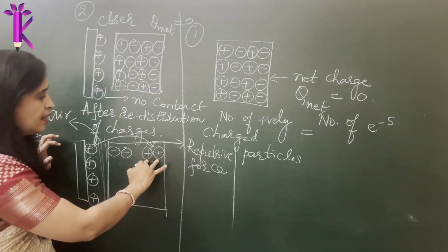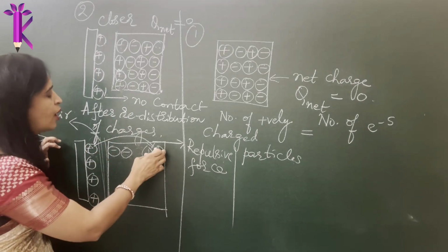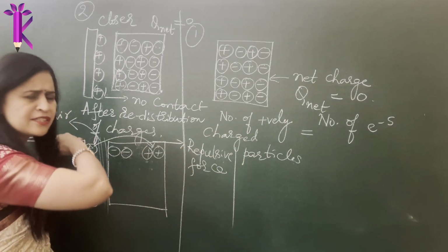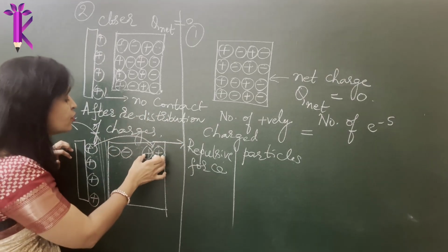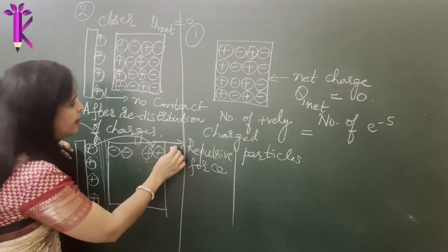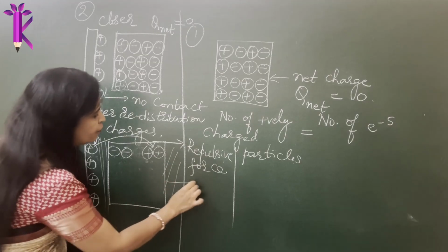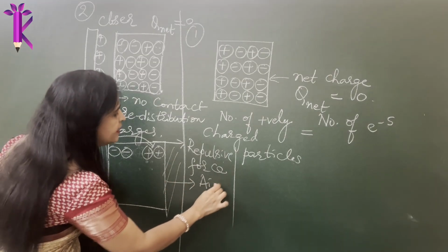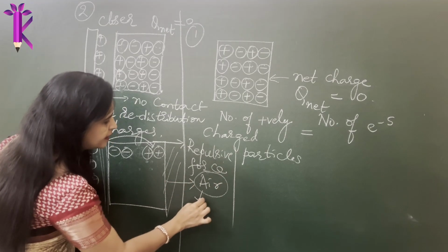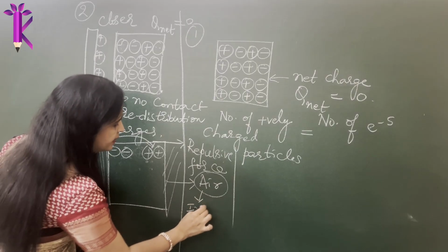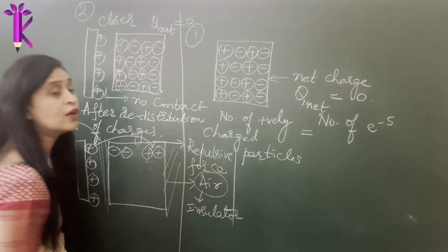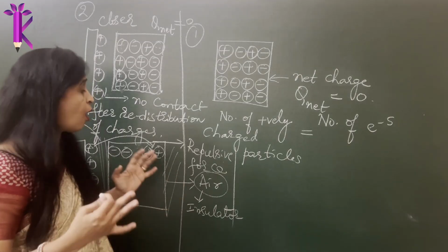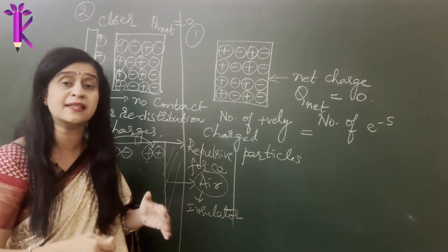Even the positively charged particles want to go as far away as possible from the positively charged particles on the metal. They want to get out of this metal, but again here it is all filled with something called air. Air is a very bad conductor. Instead of saying a bad conductor, we use the term insulator, which will not allow easy passage of any charged particle into it.